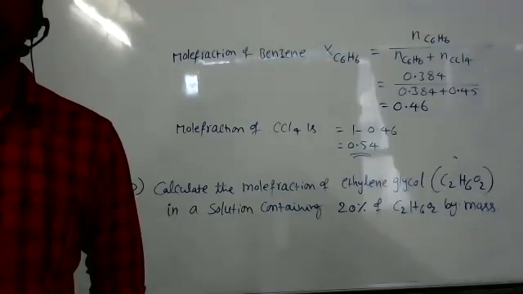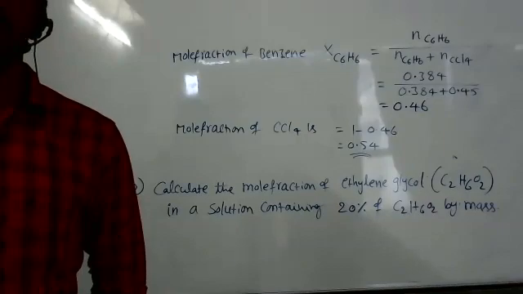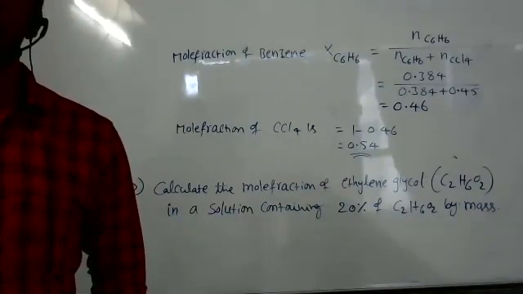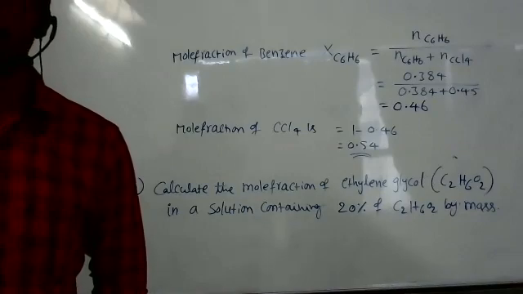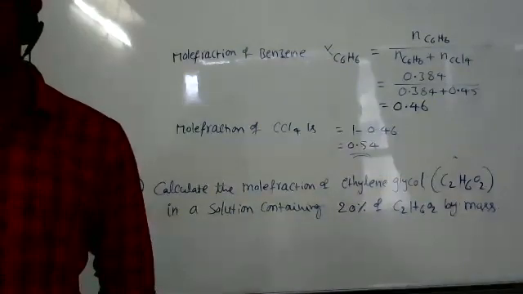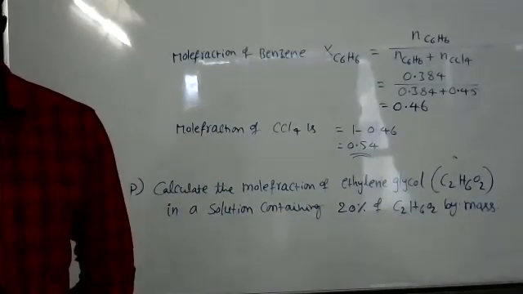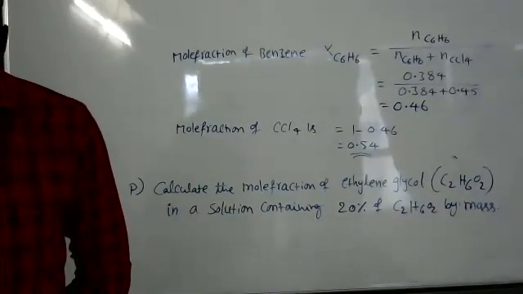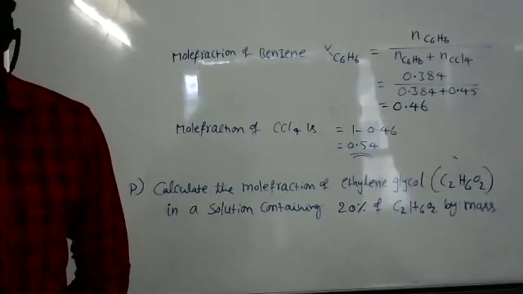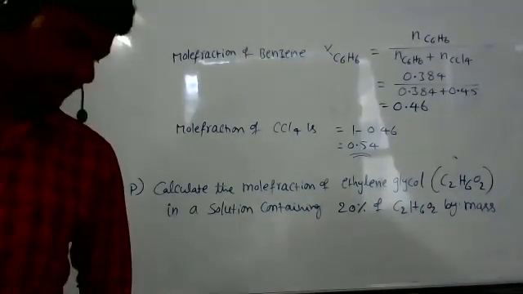So 20 grams of ethylene glycol, the remaining 80 grams is water, H2O. Next step is calculation of number of moles of ethylene glycol and water. Is it 0.067? What is the final answer? 0.067. Yes, correct.